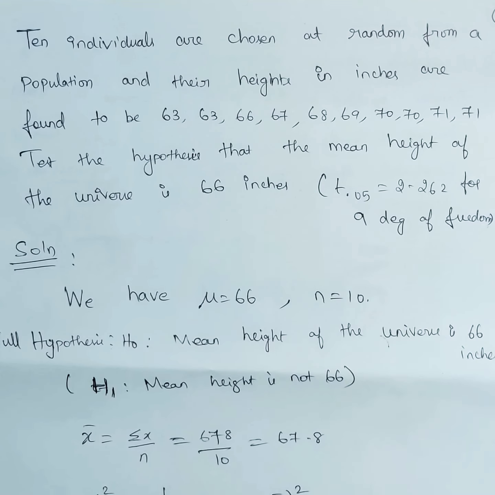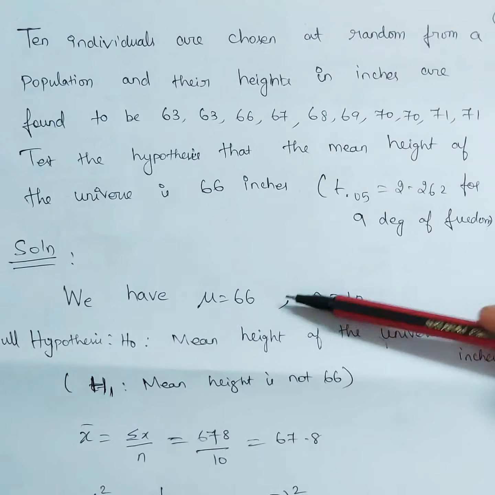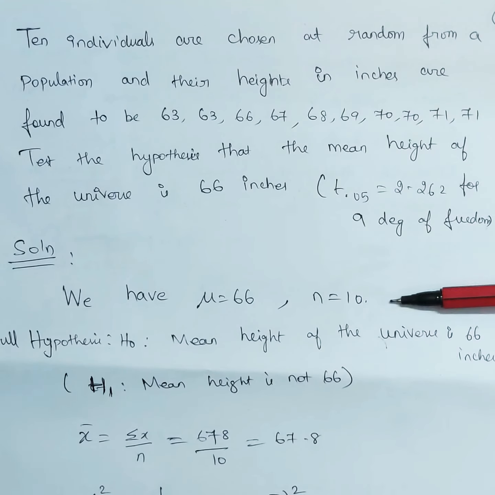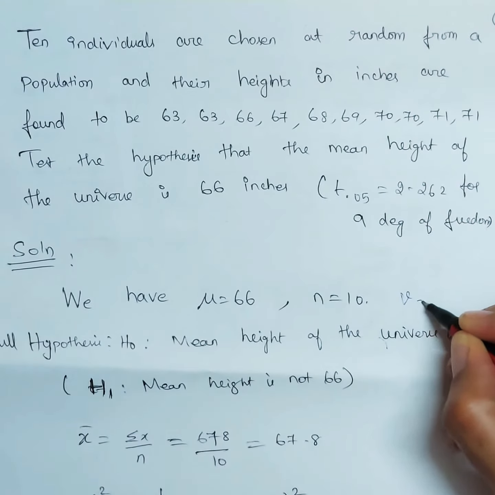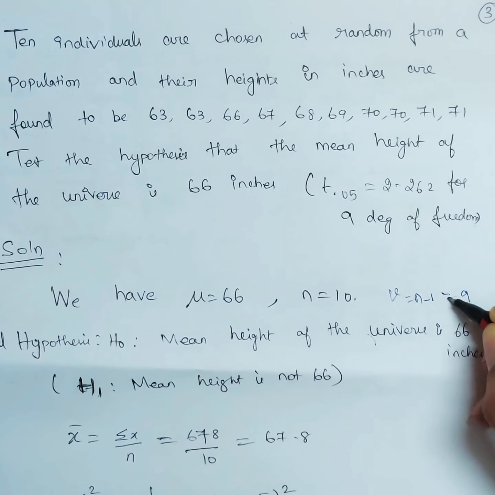So what is the hypothesis? Mean mu is equal to 66. We can write the hypothesis as mean mu is equal to 66, and n is equal to 10. As I told you, the degree of freedom v is equal to n minus 1, so that's equal to 9.